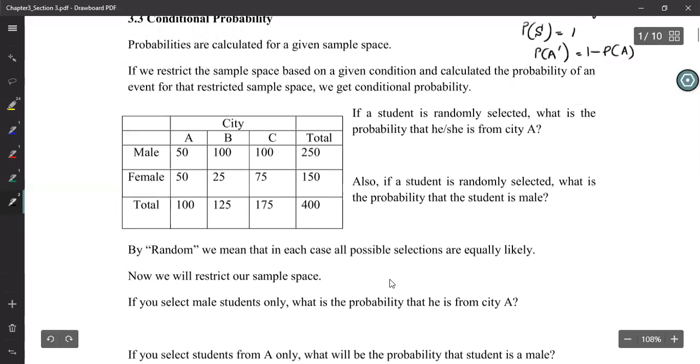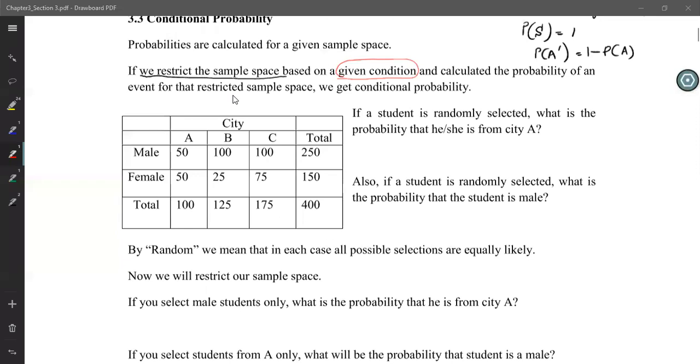Let's use an example to get the idea about conditional probability. Now, if we restrict our sample space based on a given condition, so you have a certain condition that you impose on your sample space, and then you calculate the probability for that restricted sample space, not for the whole sample space, but for that restricted sample space under a certain condition.